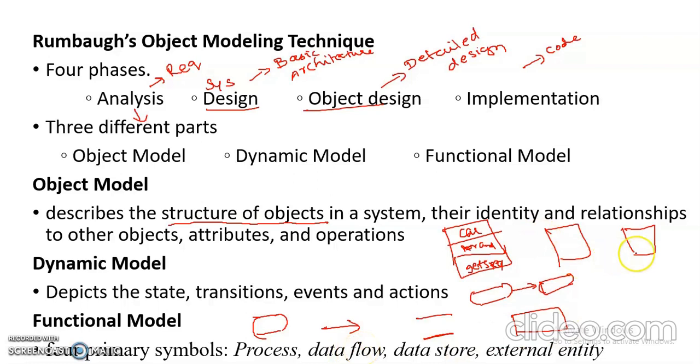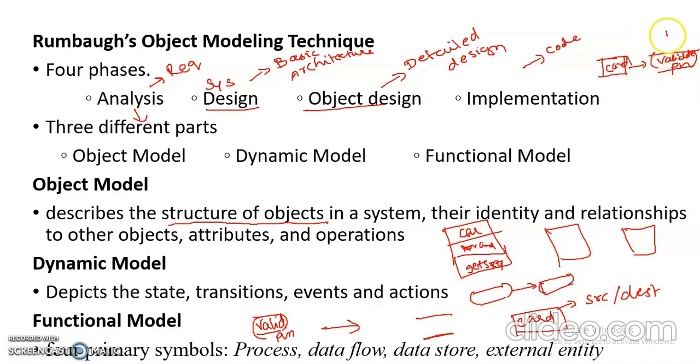For example, if we want to validate our PIN in an ATM, the process is validate PIN, and the external entity is the card. An external entity may be either a source or a destination. From the card we move to validate PIN.